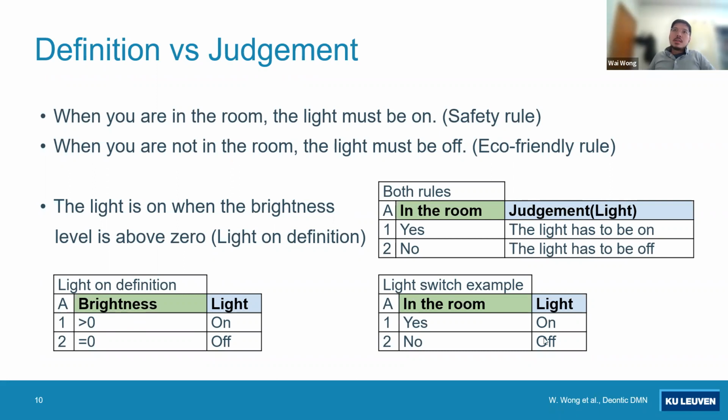Later on, in the system, sometimes we will even make rules about people who are violating, like, okay, if they are not in the room but the light is not off, then what happens next? They may have a business rule about that as well, but that could have happened. If you don't differentiate, then you are basically saying that that could not have happened at all. So that creates the issue here.